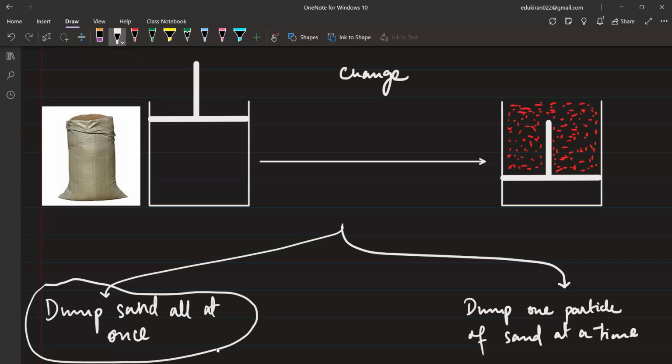Correct guys? Yes or no, please tell me. Yes, sir. Can I stop it in between? Say, can I stop it in between? Answer logically. No, right, okay. Don't think with superpowers like Powerpuff Girls or Iron Man or Superman. Think like a normal human being. If I am going to dump it all at once, can I stop it in between?